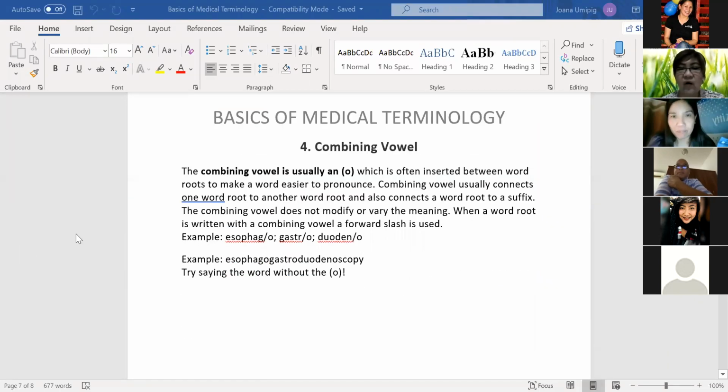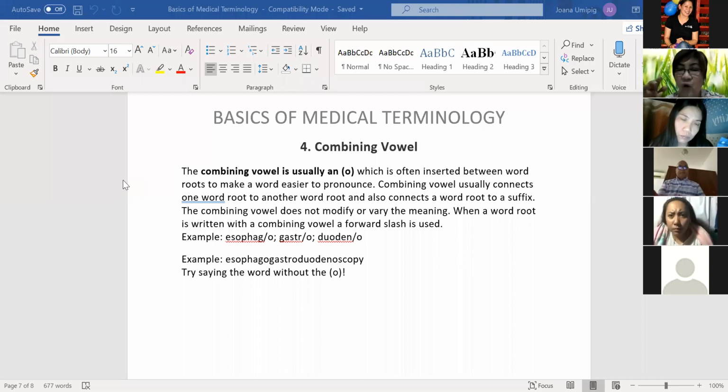Okay, so combining vowel. The combining vowel is usually an O. Without it, we cannot read the term in a well-defined way. The combining vowel is usually an O, which is often inserted between word roots to make a word easier to pronounce.